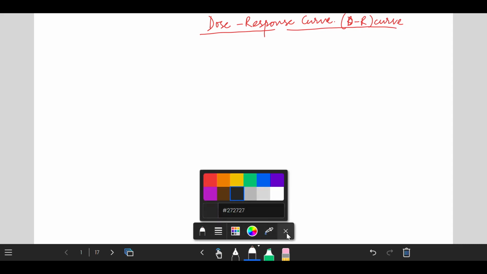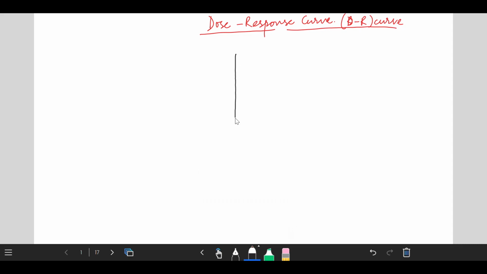We are taking another color. This is the x-axis and this is the y-axis.